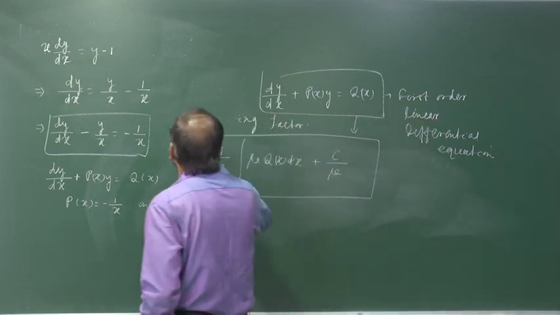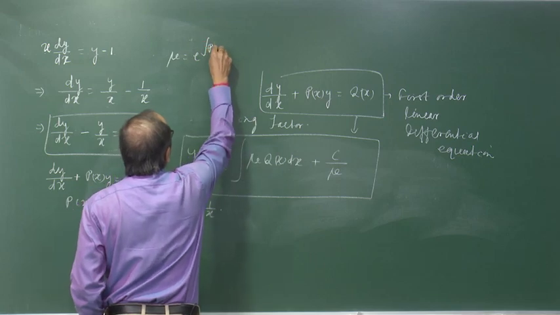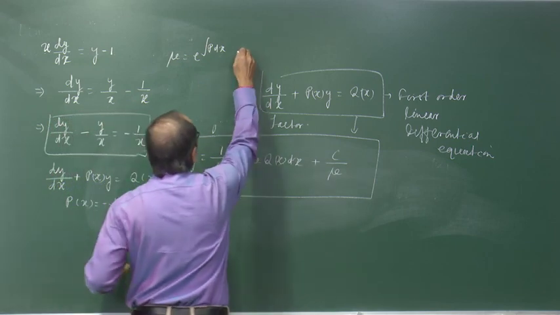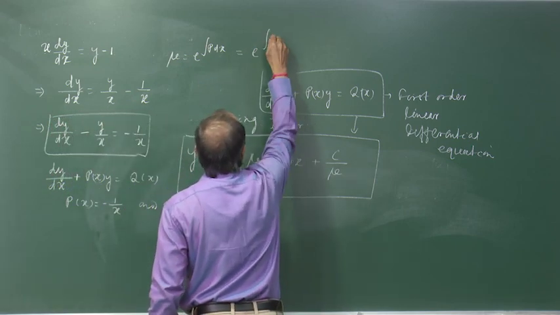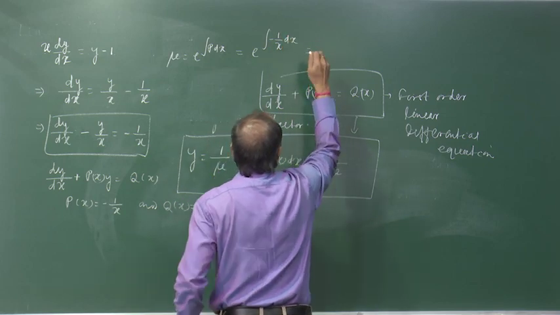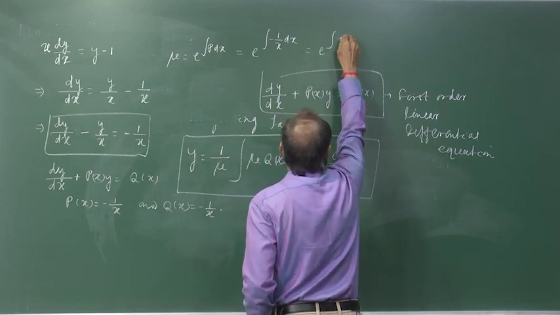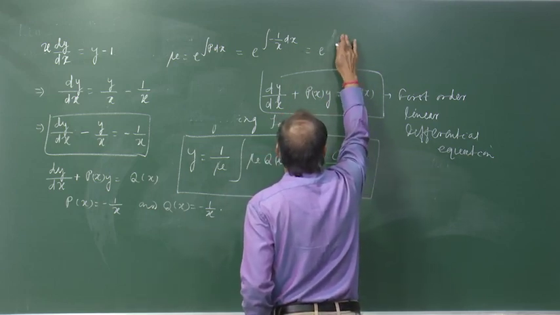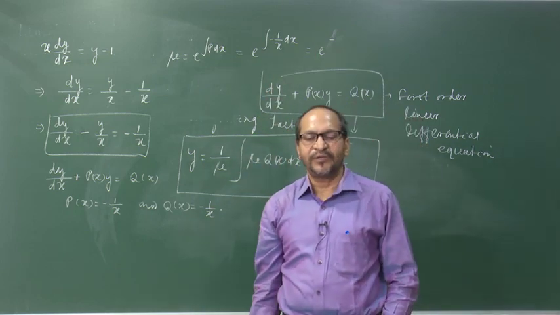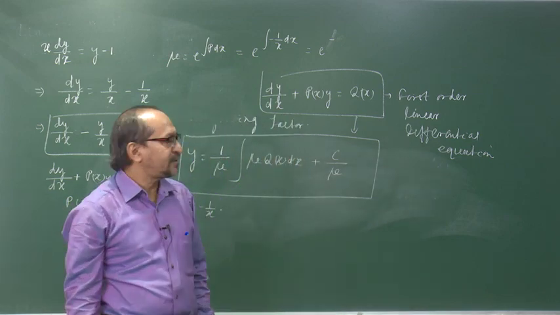What is our integrating factor? Mu is equal to e to the power integration of P dx. And what is P here? P is minus 1/x. So, it is equal to e to the power integration of minus 1/x dx. The minus can be taken outside the integration, and we know from class 12 level that integration of 1/x dx is ln x.